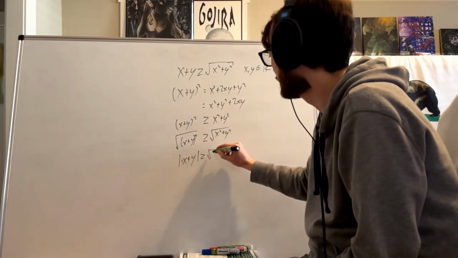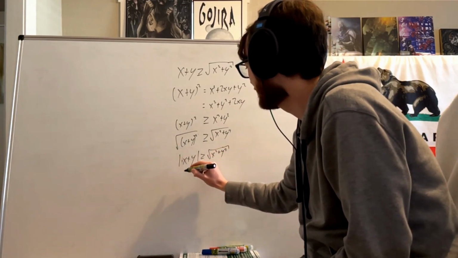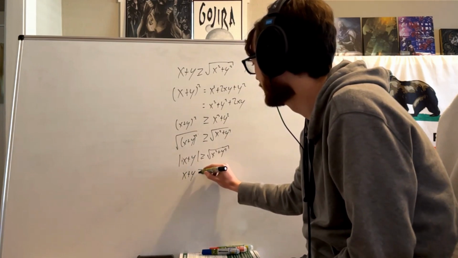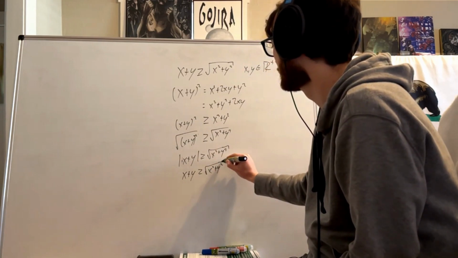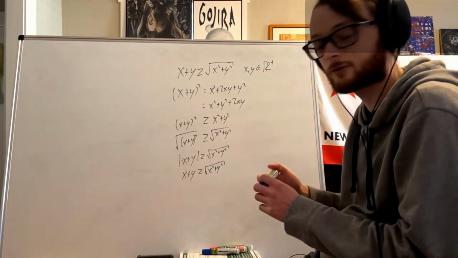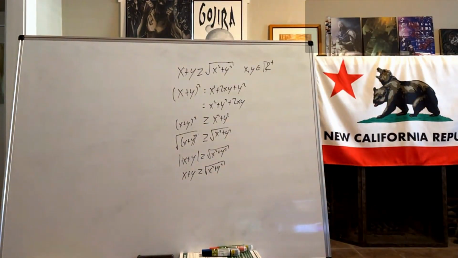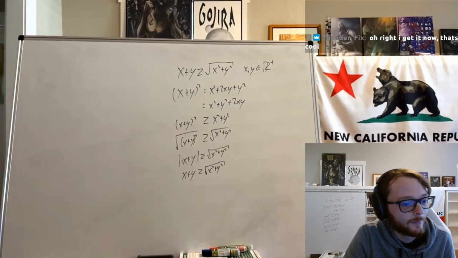Greater than or equal to root x squared plus y squared. And then because x and y are both positive, we're allowed to drop the absolute value. So I think it's actually the same exact proof structure as the last one.